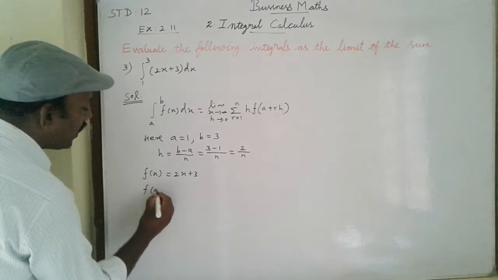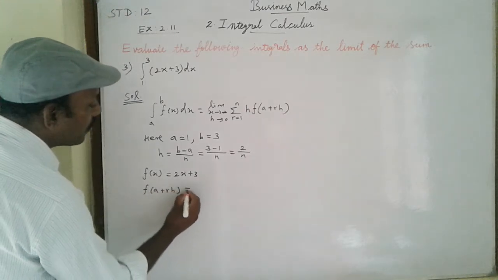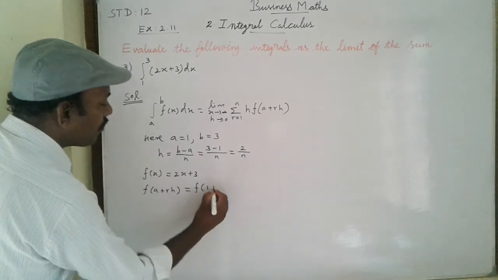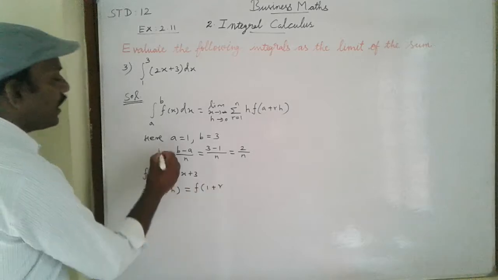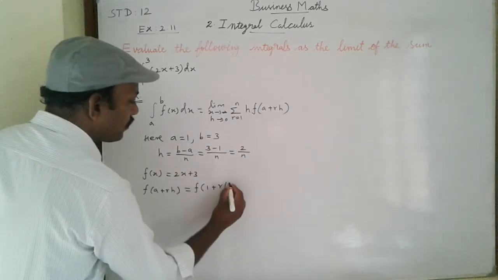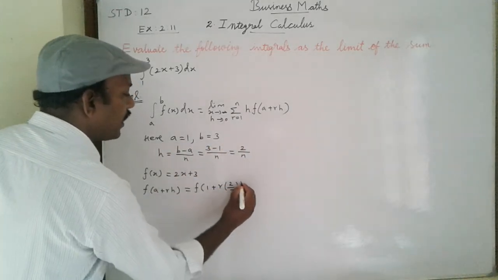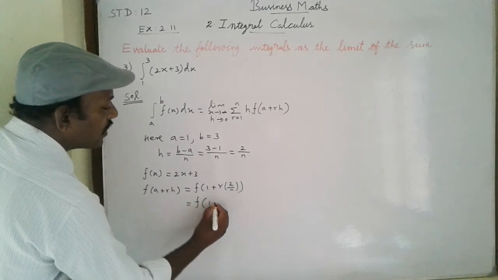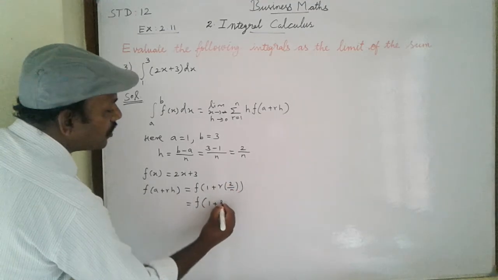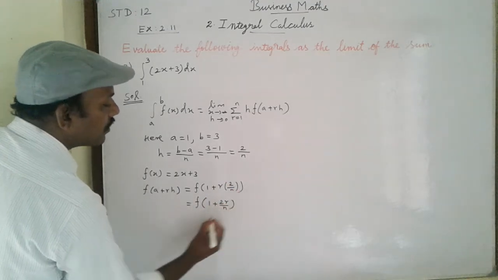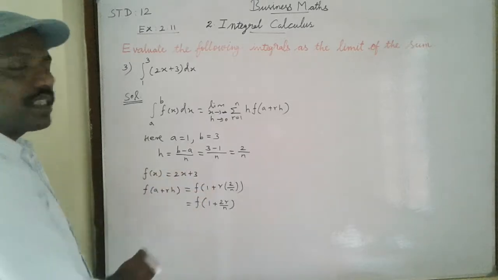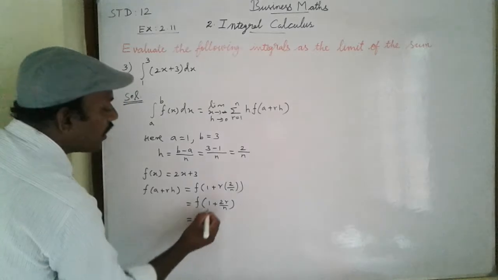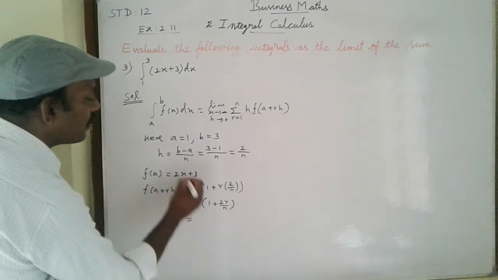F of a plus rh equals f of a, we know that 1 plus r into h, h is 2 divided by n, equal to f of 1 plus 2r divided by n. F of x is 2x plus 3. F of 1 plus 2r divided by n, x is 1 plus 2r divided by n.